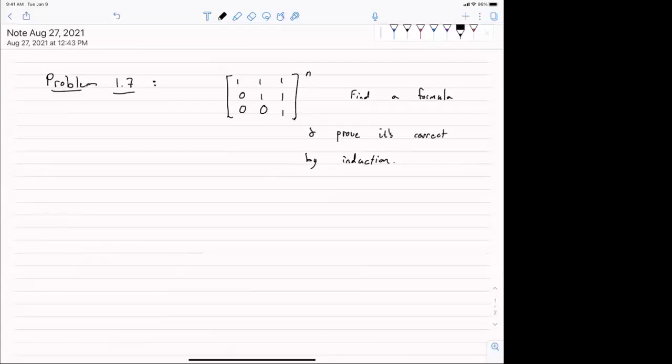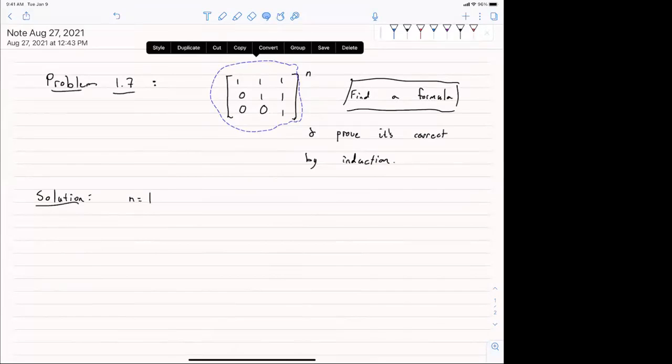So the way I go about solving this is I first want to address the find-the-formula part. To do that, I start at n equals 1 and I know exactly what it is. I have this matrix, and a matrix to its first power is just itself.